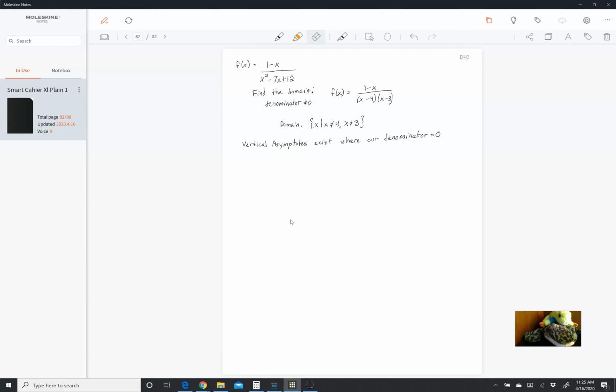The exception is, and we'll go through an example of this, unless that factor cancels. So if x minus 4 canceled, then we would have something called a hole, okay? And we'll show you what that looks like.